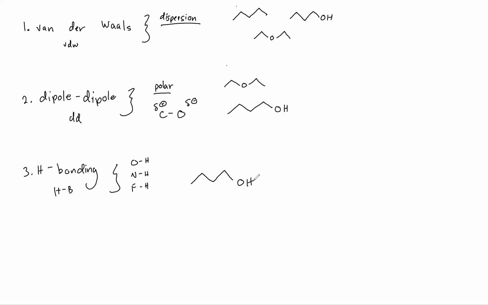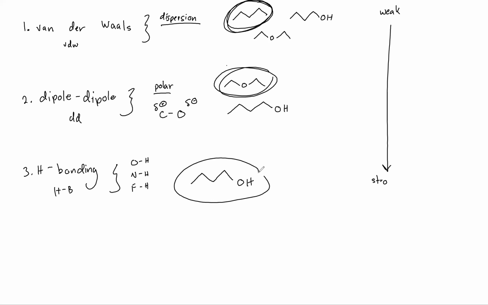And so the way that I've arranged them is from weakest, being van der Waals, to strongest, being hydrogen bonding. So we can see here that the regular carbohydrate, that one has the weakest intermolecular forces, followed by the ether, followed finally by the alcohol group. Okay? So why are we even talking about this?